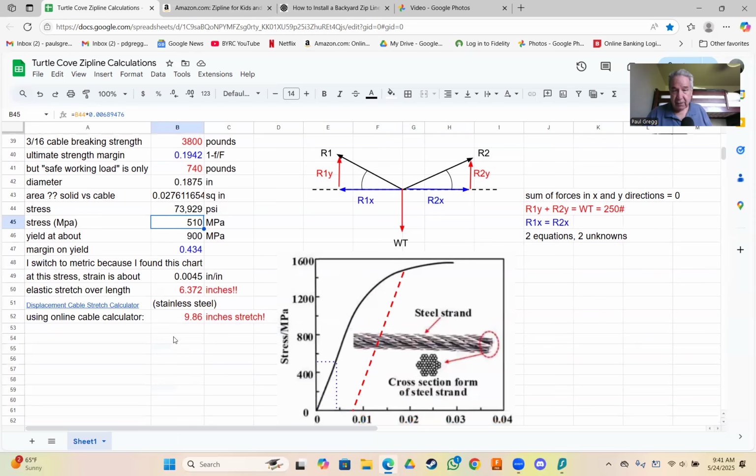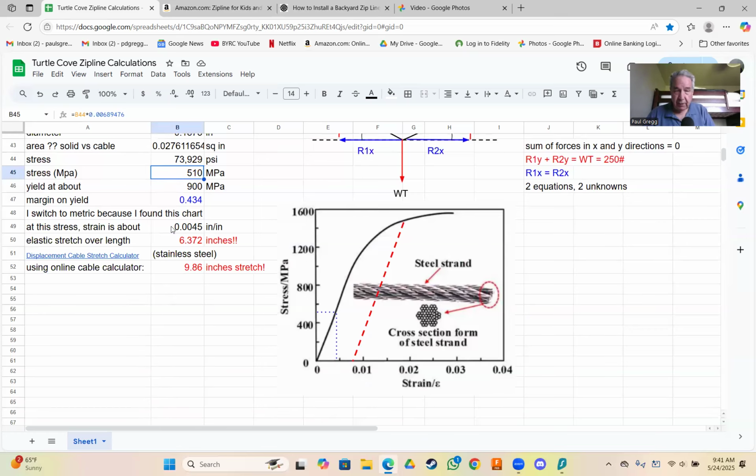And I mainly did that because I found this nice chart online that shows the stress strain curve. Stress is the load per unit area, so this is how much load it can take per unit area. It's in pounds per square inch or megapascals, which is a Newton per meter squared.